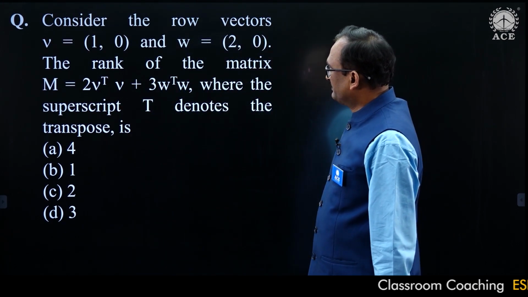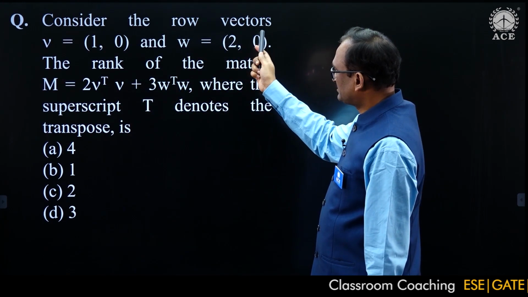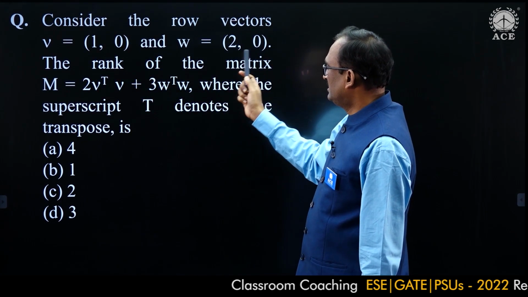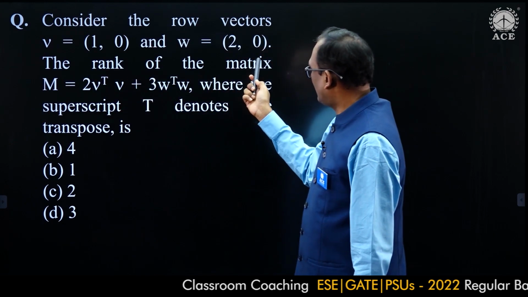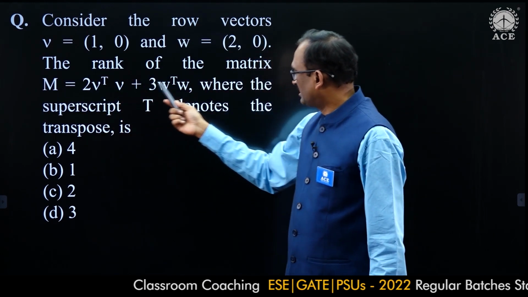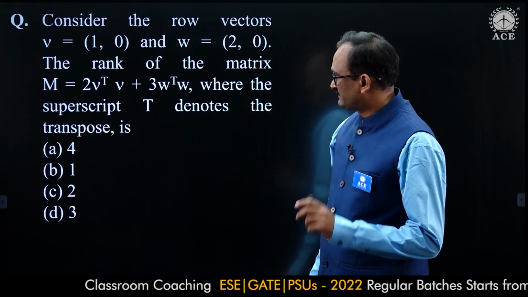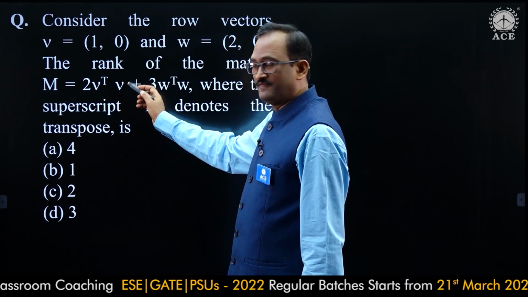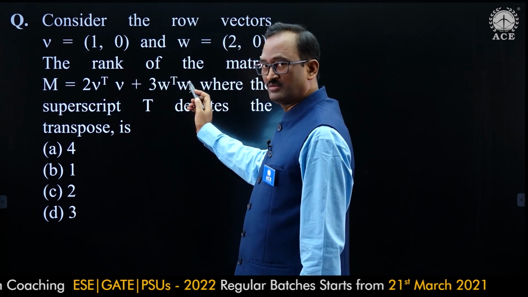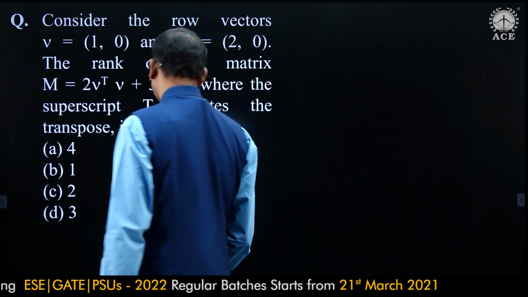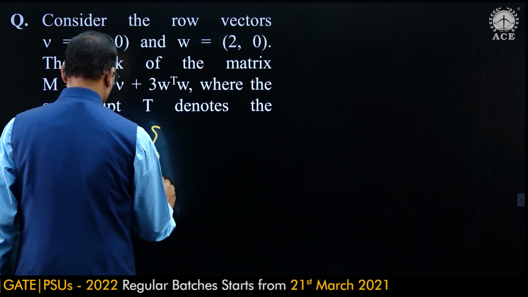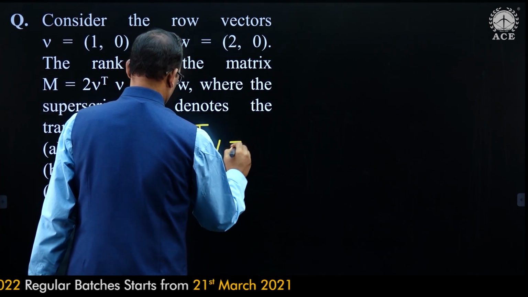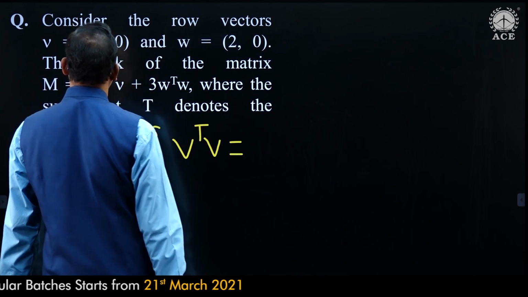Read the given problem. Consider the row vectors v 1 comma 0, w 2 comma 0. We were asked to find the rank of this particular matrix. Okay, let us find. First of all, V transpose into V followed by W transpose into W. V transpose into V. What is V?